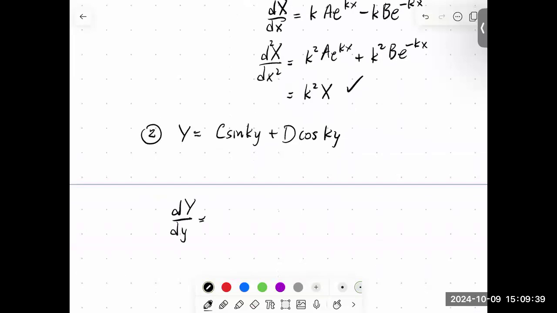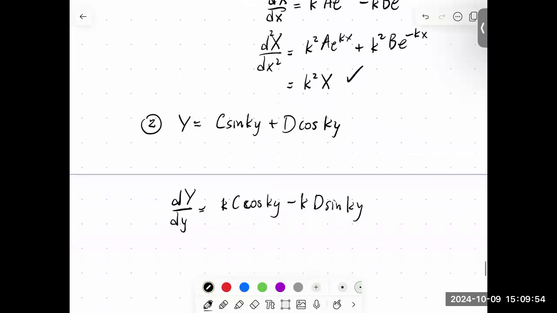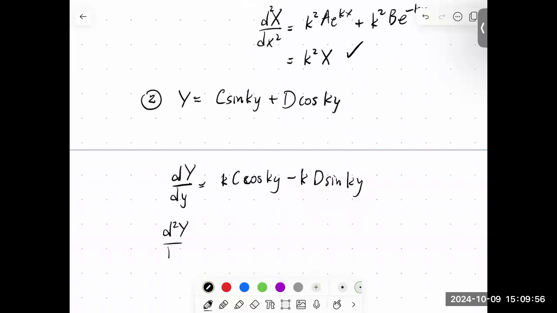The derivative of the sine becomes a cos, so cos ky. The derivative of the cos becomes a minus sine, so we're going to get minus k sine ky. And then when we take the second derivative, we get another k out. We'll pick up a minus sign because the cos is going to become minus sine. And then the sine becomes a cos. We get another factor of k, cos ky. And that is indeed k squared times y.